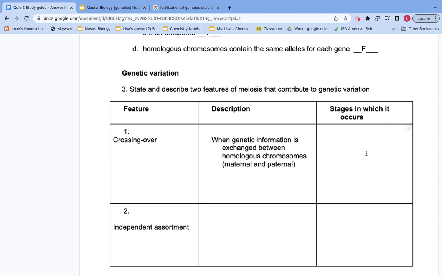When does this happen? We talked about it happening in metaphase 1. However, if you did put prophase 1, that is okay.